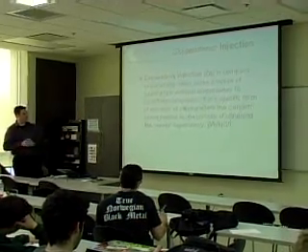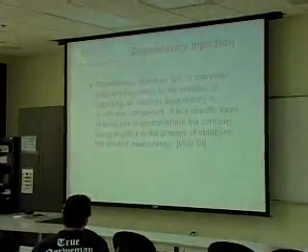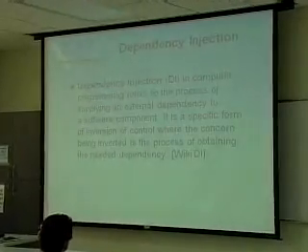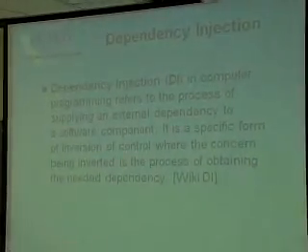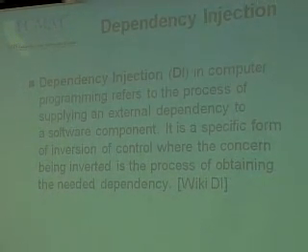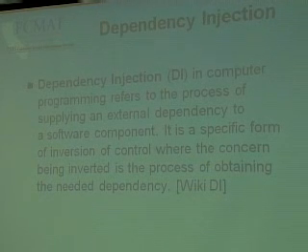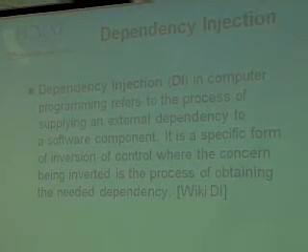So, dependency injection: big definition straight from Wikipedia. Essentially, I can use the DAO example. You have a database object that needs to work on some database, so it has a dependency. That DAO can't query anything unless it knows where the database is, how to log in, what type it is, what drivers to use.